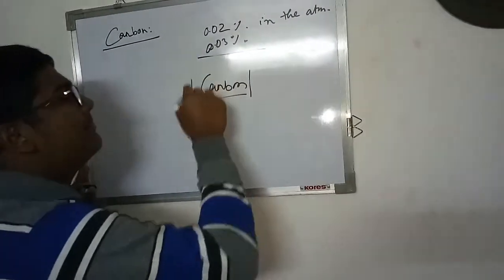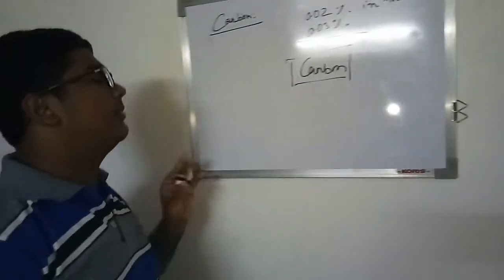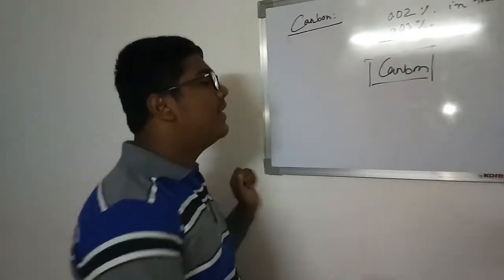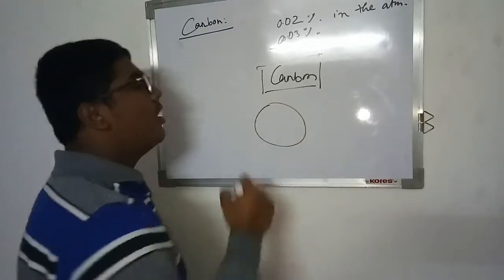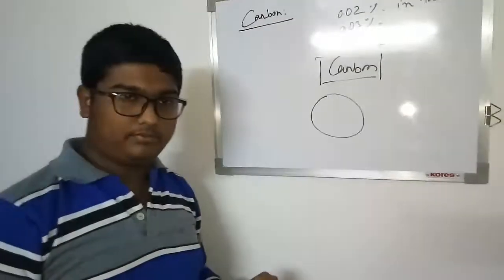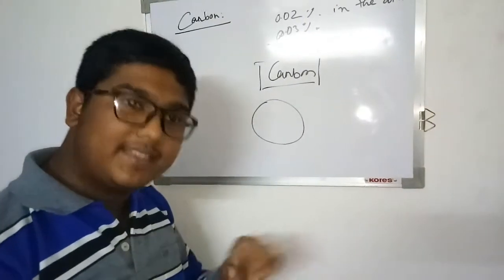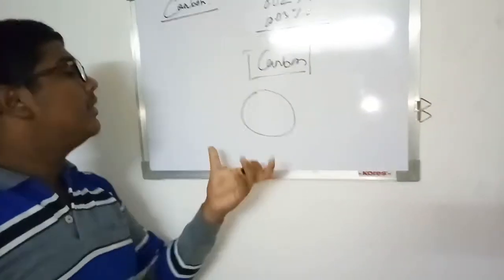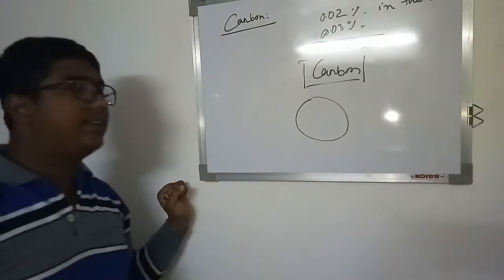So these are just a simple thing that I have said about carbon. Now let's simply move on to the internal structure of carbon. Now the atomic number of carbon is 6.